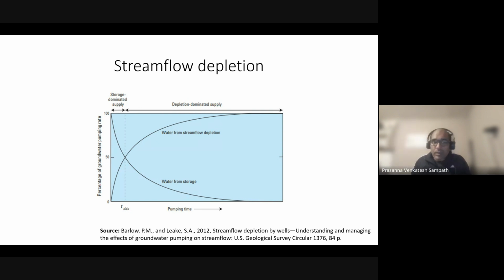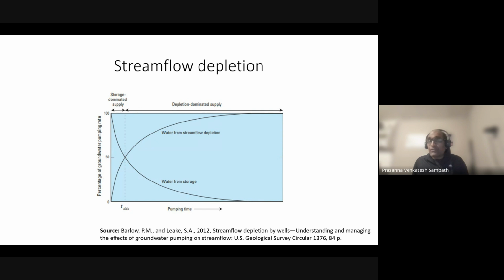So at the point at which 50% is coming from storage and 50% from stream flow depletion, once you cross that time, you have depletion dominated supply, and before that you have storage dominated supply. This is a very important qualitative curve for you to understand.